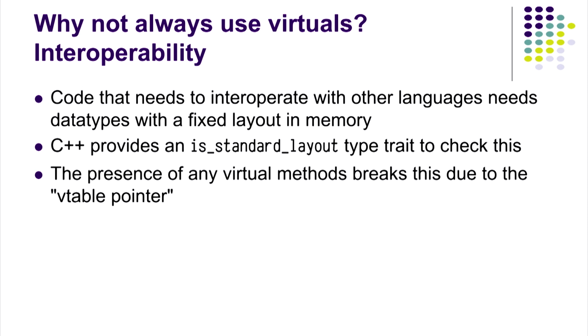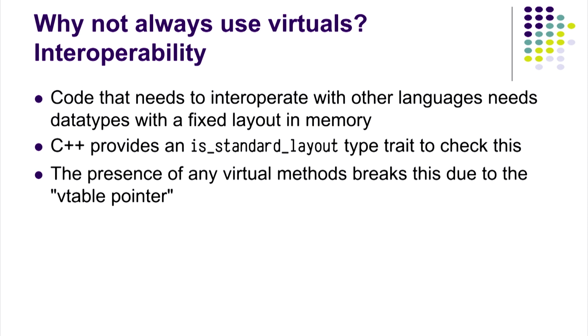Another reason is interoperability. Code that needs to interoperate with other languages needs data types with a fixed layout in memory. In fact, C++ provides an is-standard-layout type trait to check this.